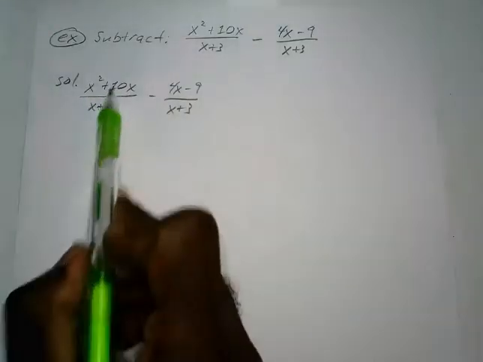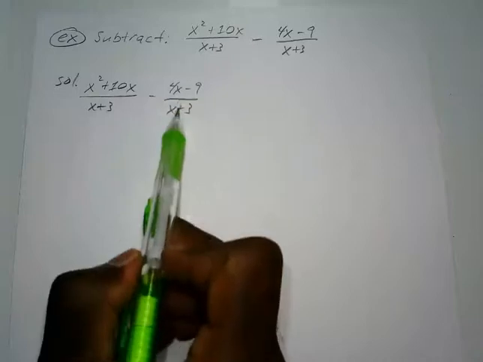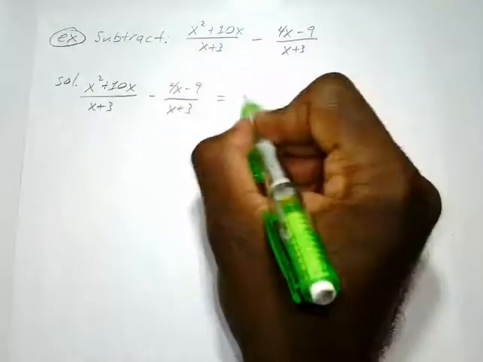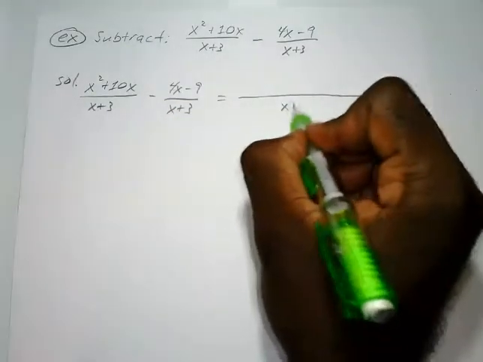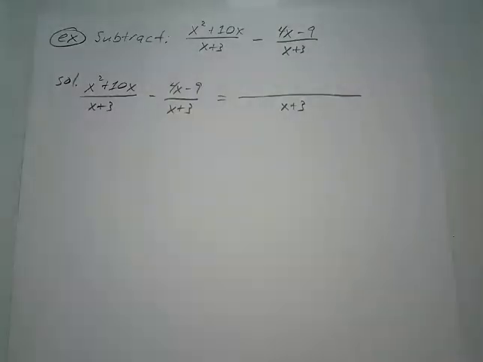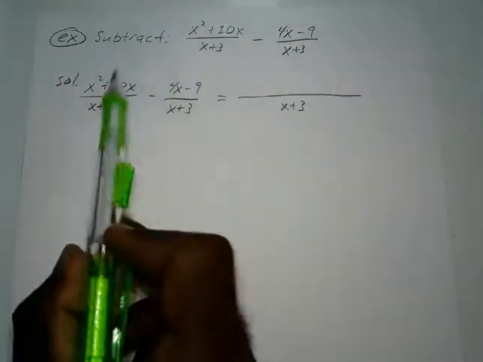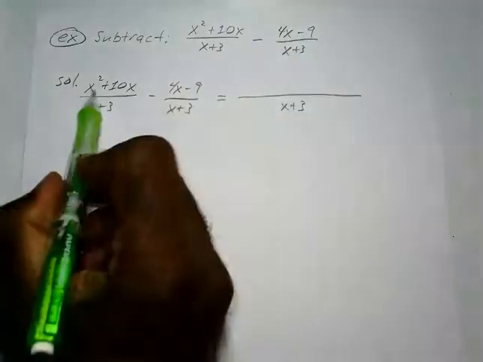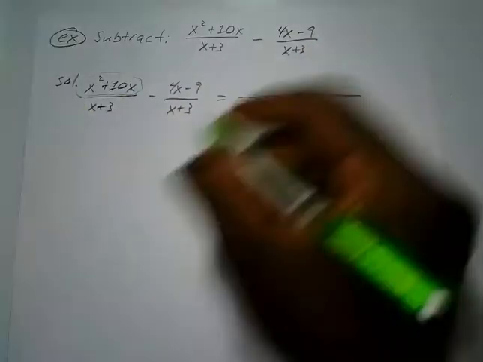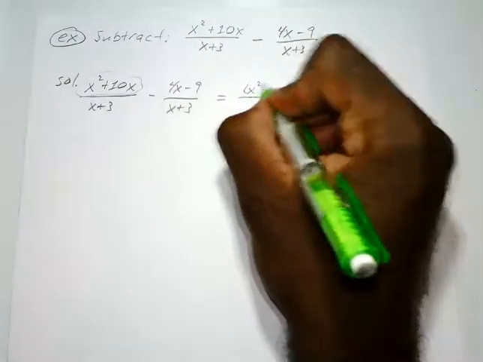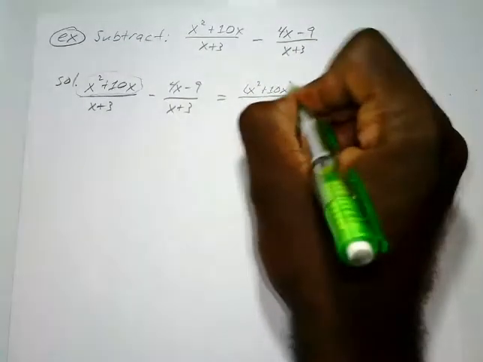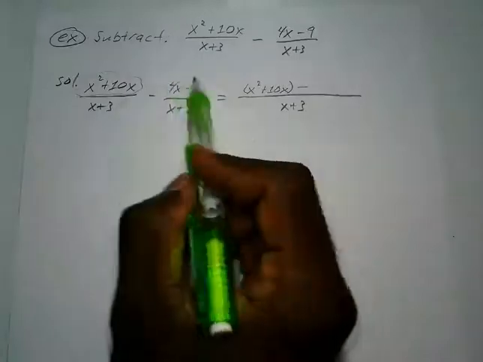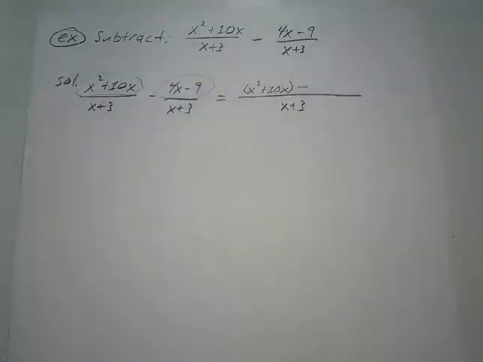You have something over x plus 3 minus something over x plus 3, so that's going to equal something over x plus 3. That part we have figured out already. Now we just subtract our numerators. You have this entire numerator, x squared plus 10x, minus this entire numerator.